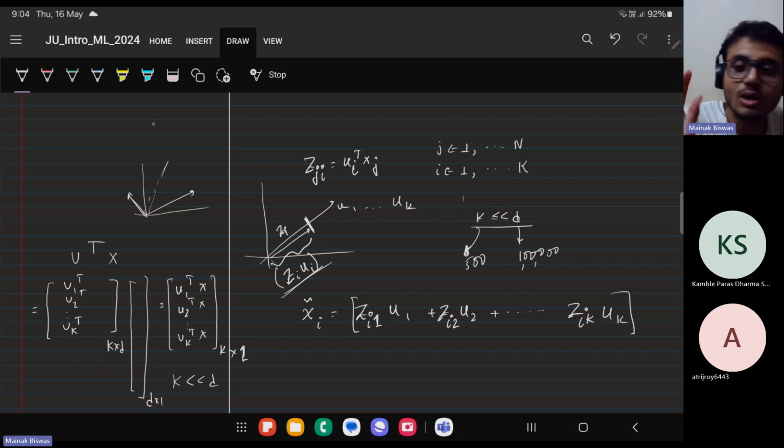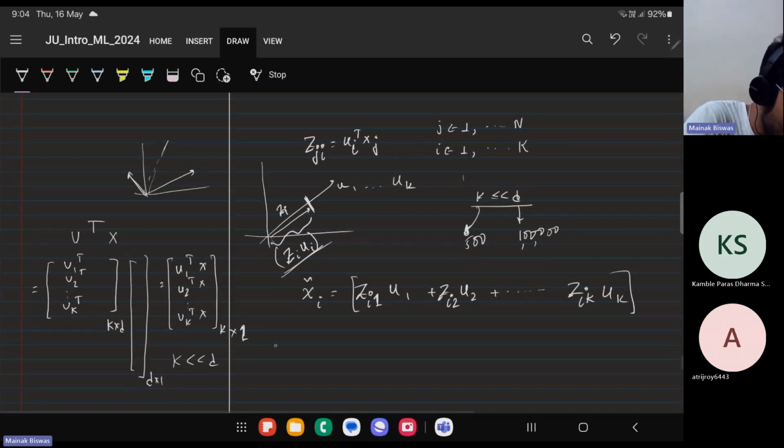So I'll give you a better example. If you have all the components projected, say you have all the eigenvectors, what can I write this as? If you project it as Zij, j equal to 1 to D, Uj.